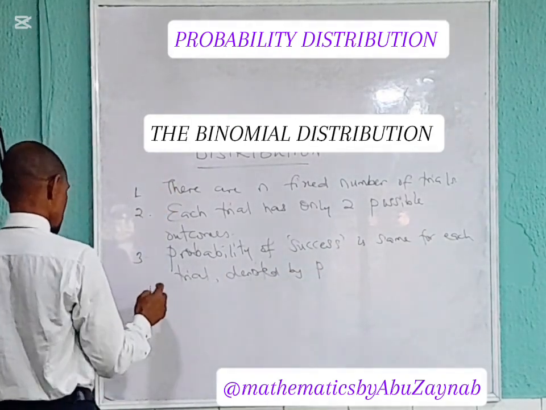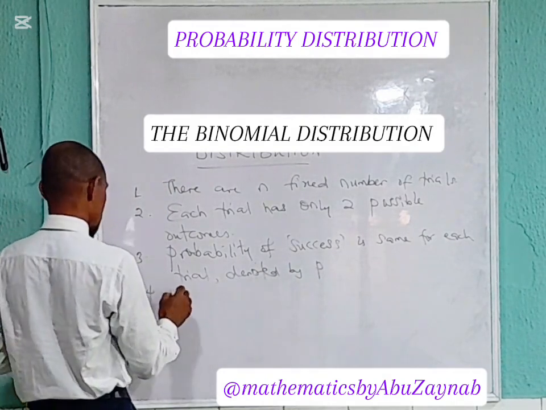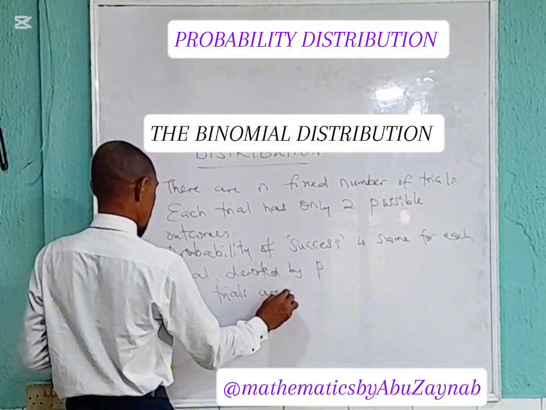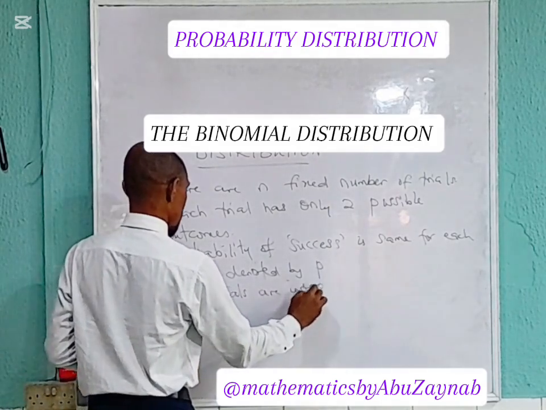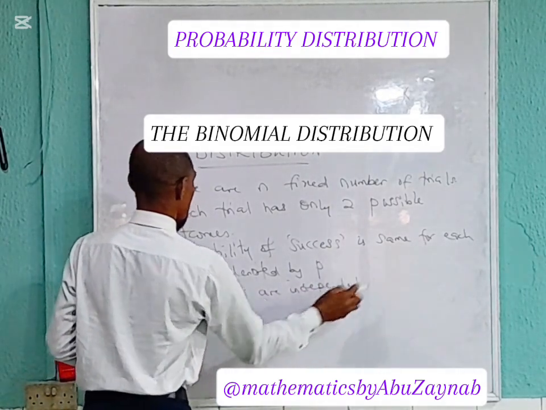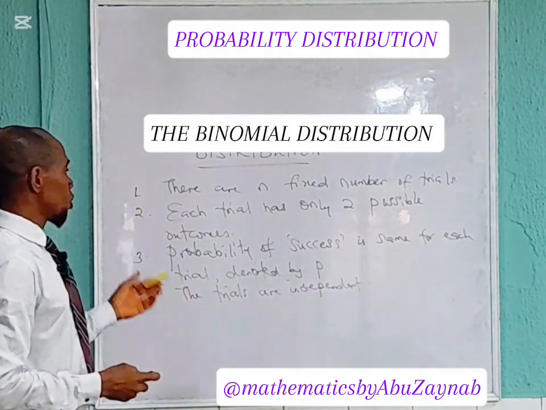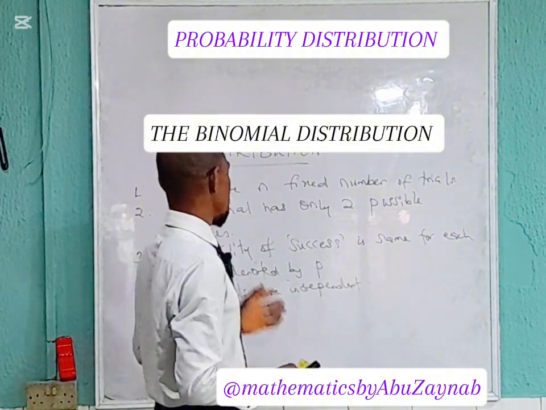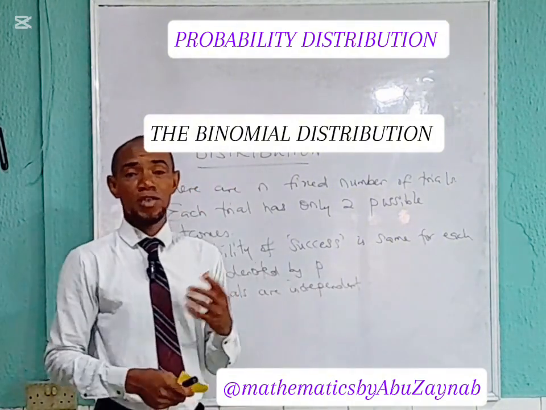Then lastly, the trials are independent. So if all these four conditions are met, then a particular random variable is described as having the binomial distribution.